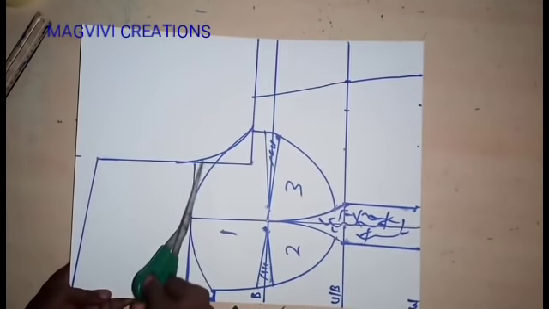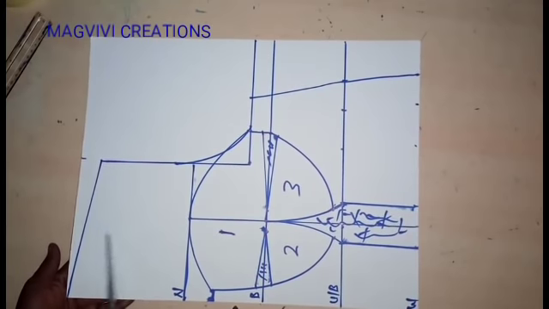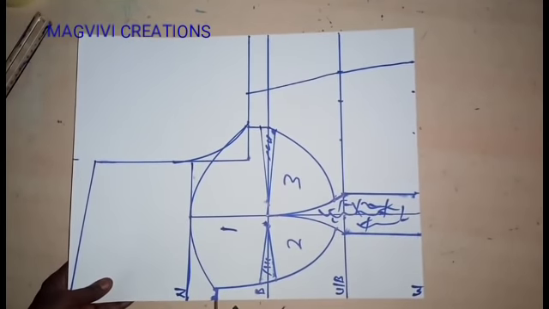Remember, if you want to make a yoke, this top part is your yoke. All you need to do is create your neckline. Then we cut it out gently.